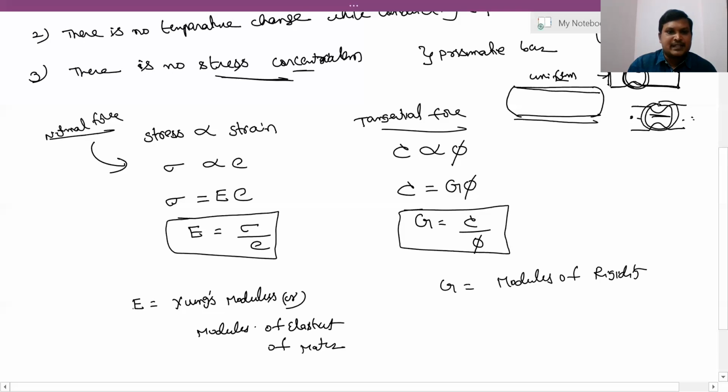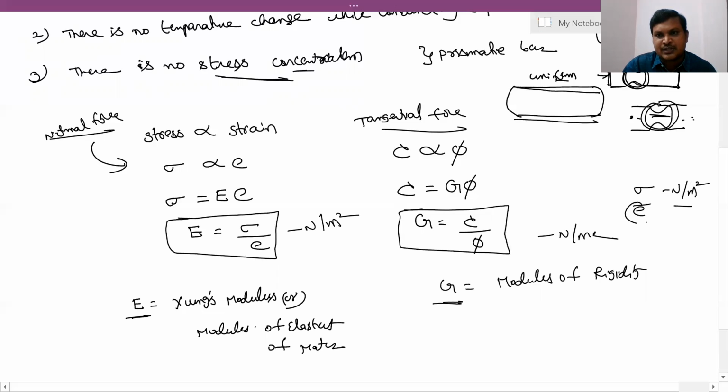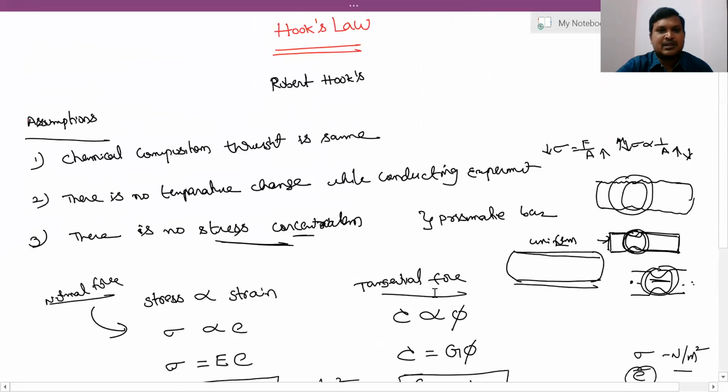The units of E and G are Newton per meter square. Since stress has units of Newton per meter square and strain has no units, Young's modulus has the same units as stress, as does the modulus of rigidity. Is it clear? So this is Hooke's law.